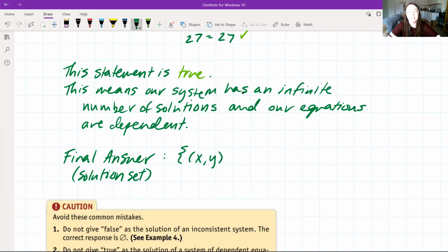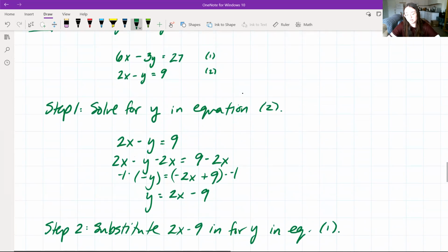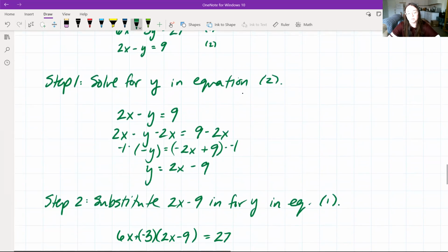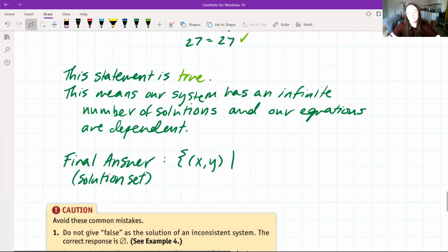So we're basically saying that any ordered pair is a solution to one of our equations, which we can just plug in either equation in this case. But if we plug in the simpler looking equation, equation 2, we say 2x minus y is going to be equal to 9. So this gives us our answer.